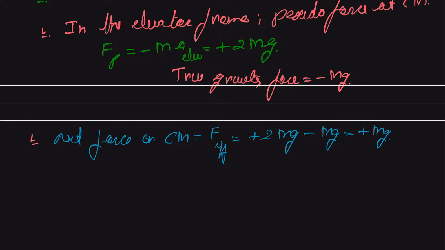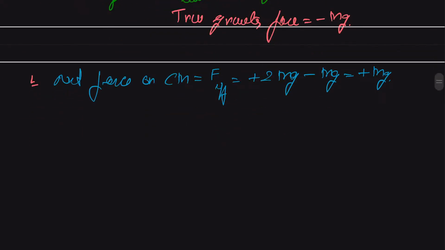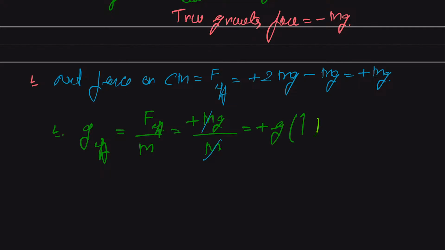Therefore, G effective will be equal to F effective divided by its mass, which is plus m g divided by m. Here m cancels with m, so this will be g, or plus g, acting in the upward direction.